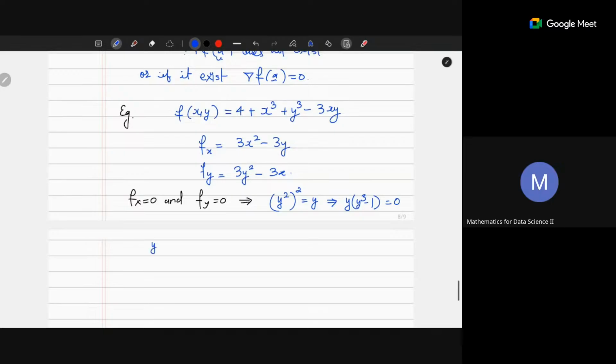And if I solve this, I would get either y is equal to 0 or y is equal to 1. So if y is equal to 0, x is also equal to 0, and if y is equal to 1, x is also equal to 1. Correct? So I get two critical points. All right.